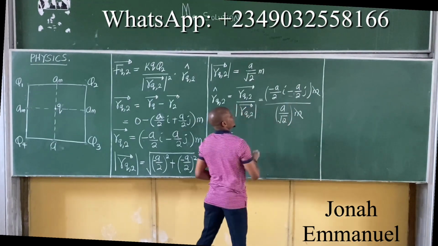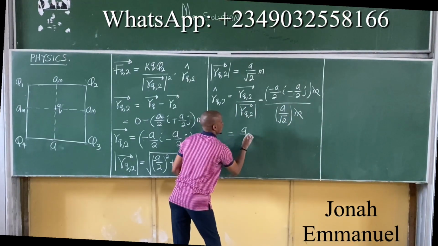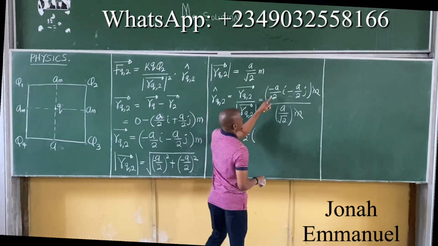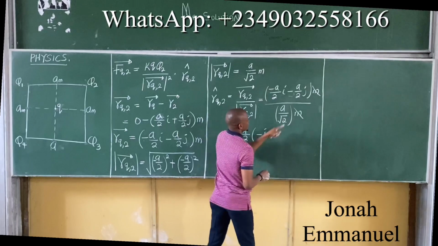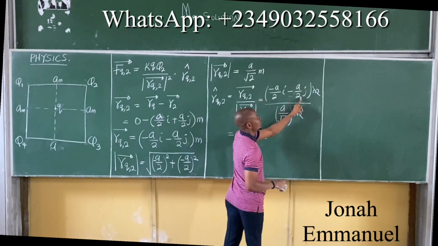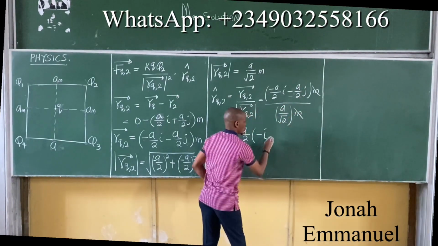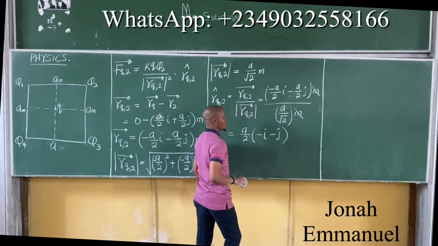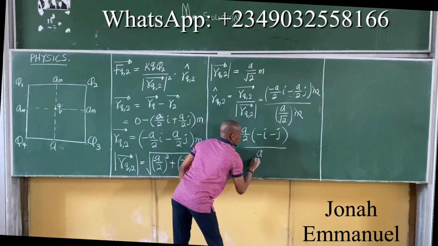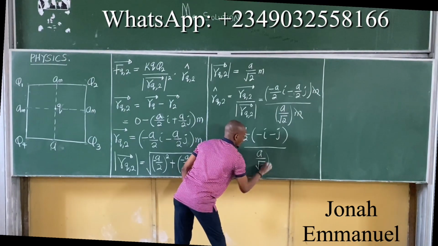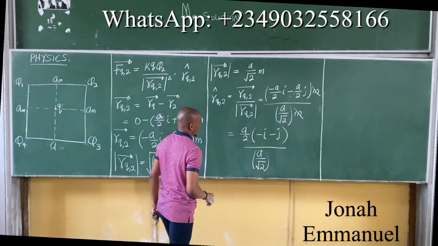If I take out a over 2, I'm left with minus i. Same thing here. If I take out a over 2, I'm left with minus j. It becomes minus i minus j, all over what there? A all over what there? Root 2. So I have this one here.